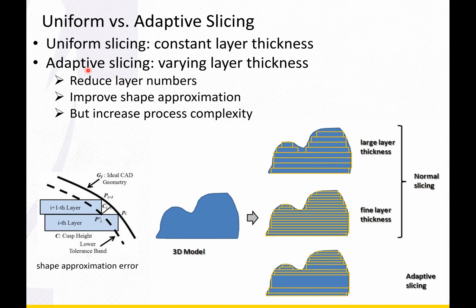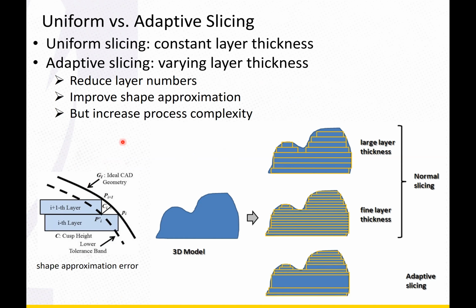One way is adaptive slicing. In contrast, there is uniform slicing, which is the most used one. Uniform slicing means you just set the layer thickness to a constant value, right? And you could also vary the layer thickness based on the geometry. What's the benefit of adaptive slicing? The first thing is you could reduce the layer number.